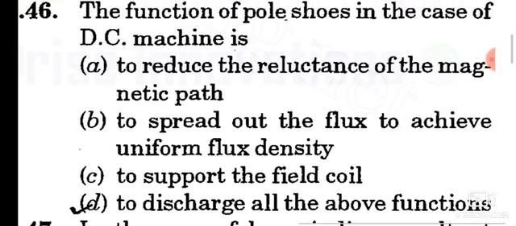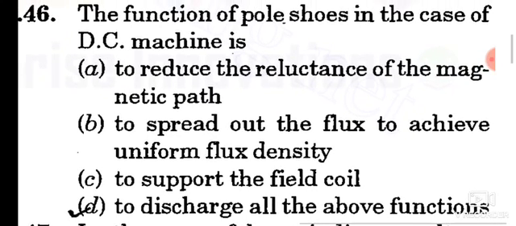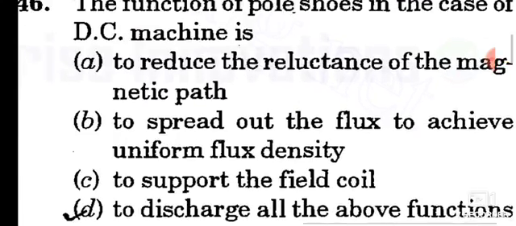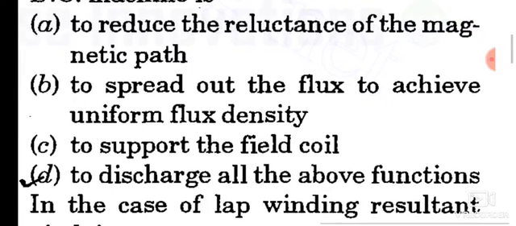Question number 46. The function of pole shoes in the case of a DC machine is option D, all the above functions. What are the options? To reduce the reluctance of the magnetic path.